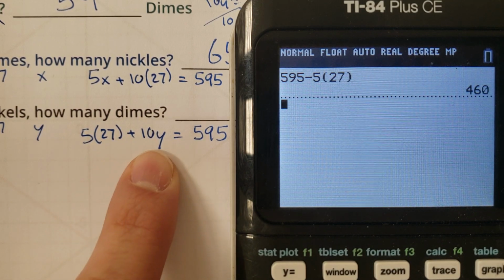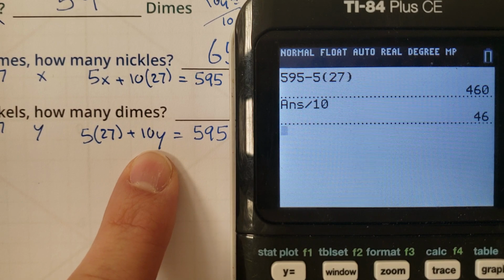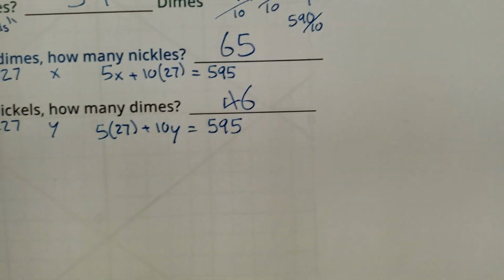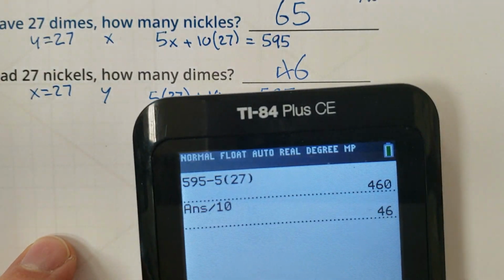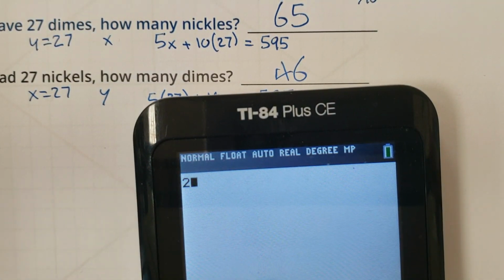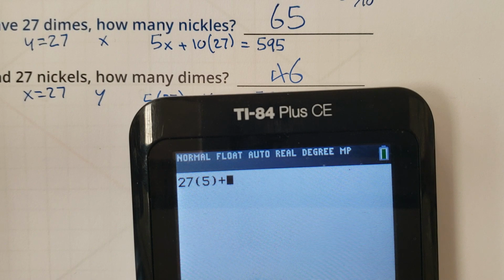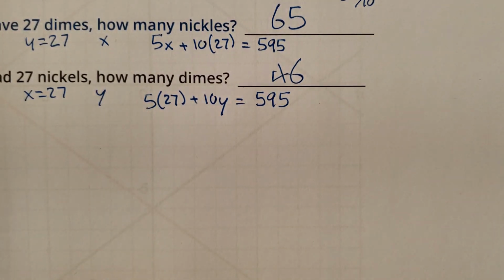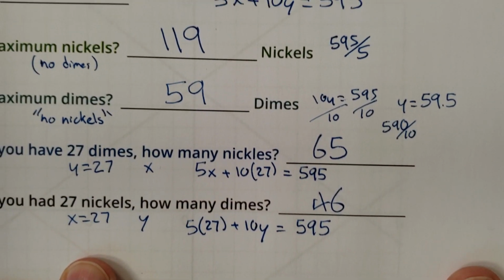That's how many cents we have left over, divided by 10. Mental math, I should have just said 46. 46 dimes. Let's check. 27 nickels plus 46 dimes. Hey, there we go. Worked out. 595.